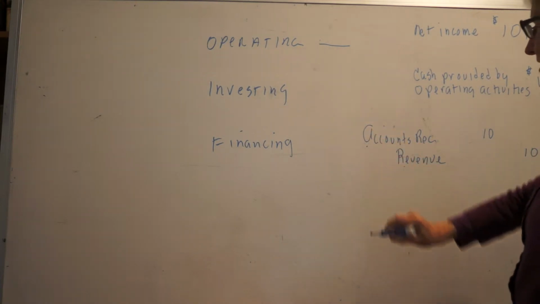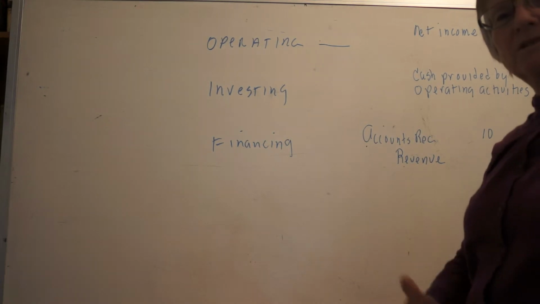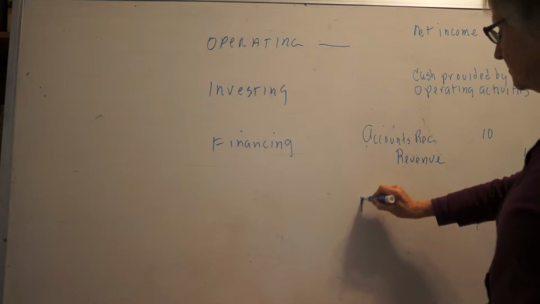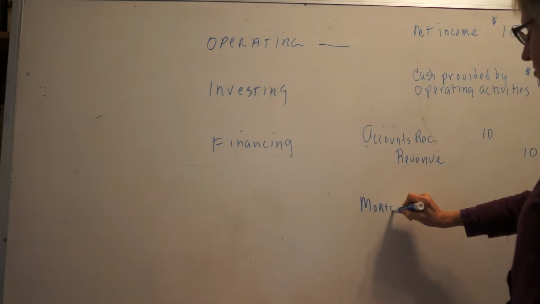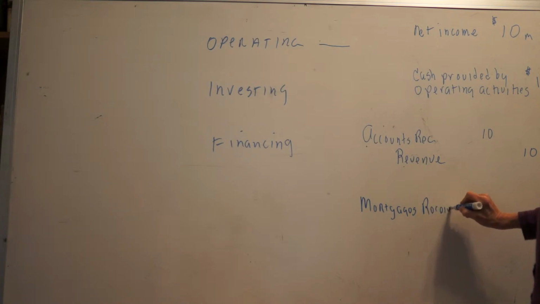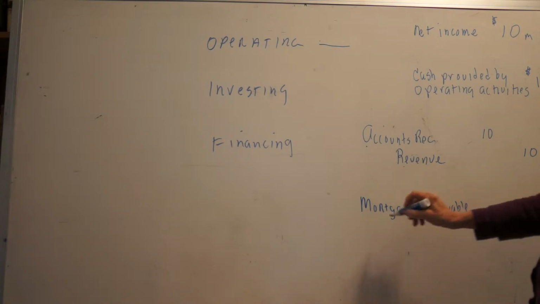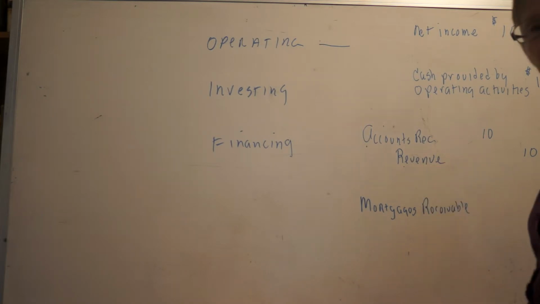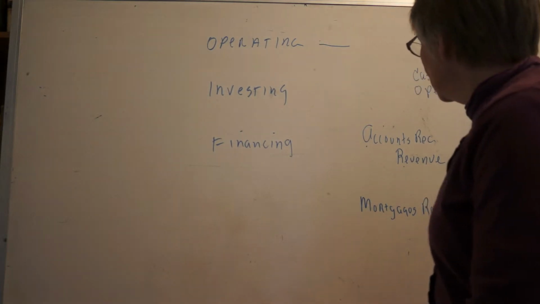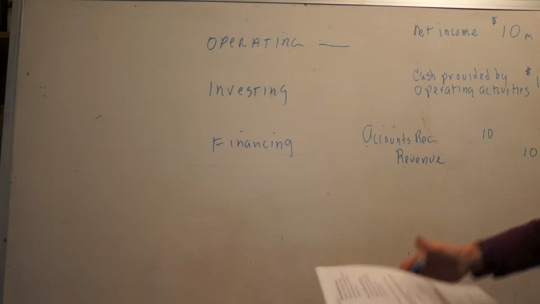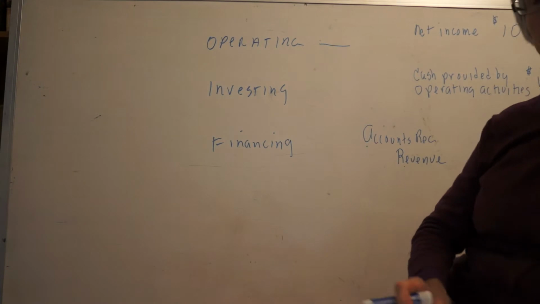However, if these accounts receivable are not going to get collected ever, as in some of the banks that had mortgages receivable, if those accounts receivable are like mortgages receivable and nobody's able to pay them off, then they're not really going to get realized in cash. So you can have very good net income reported, and your balance sheet looks great, but you have no cash.